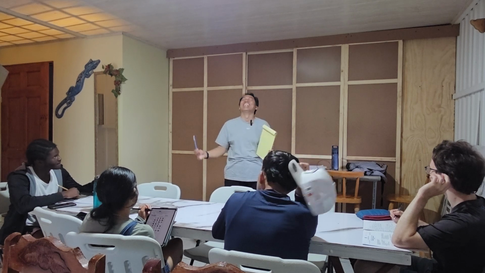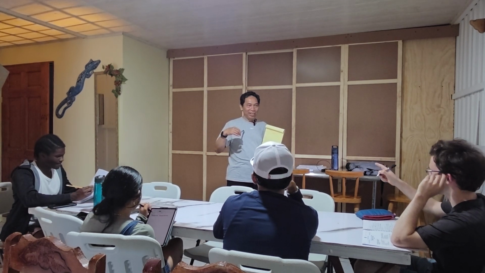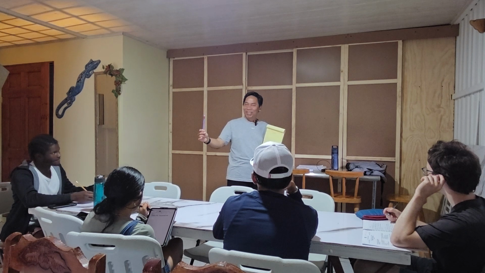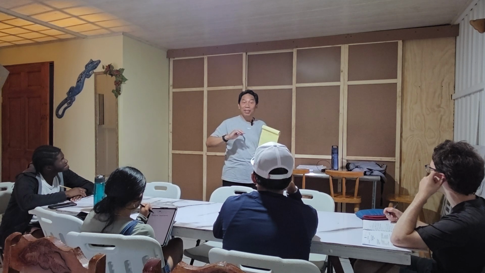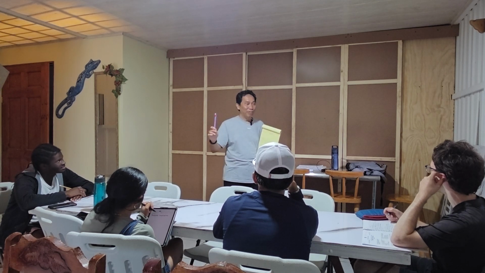Now look at me, and look at this pen. You see the difference? Which one is living? Me, I can talk. How about this one? This is non-living. So there are two types of matter: first, living matter, and second, non-living matter.